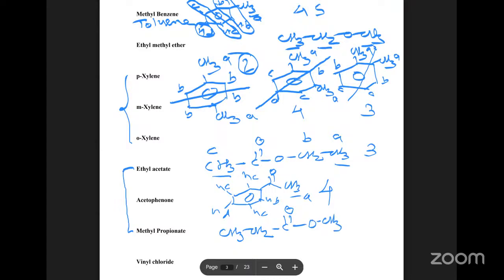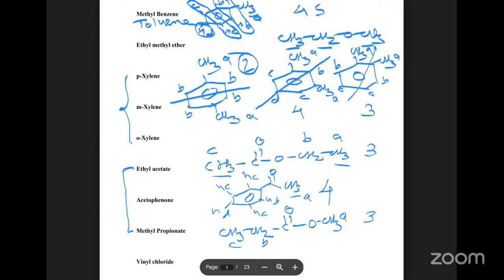So exactly the same structure, meaning the same number of peaks as ethyl acetate, but the splitting pattern will be different. Their del values will be different. So that we will see later. So this is your A, B, and C. So 3 peaks for this.